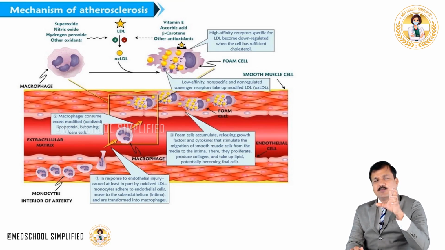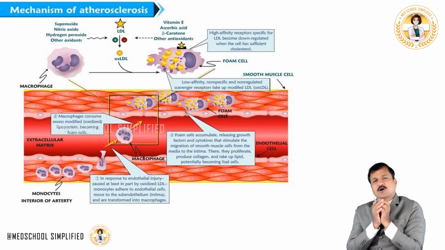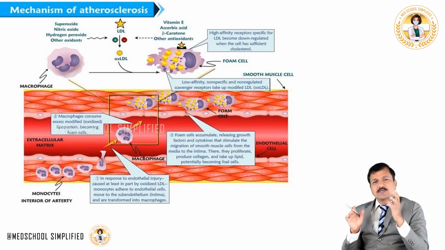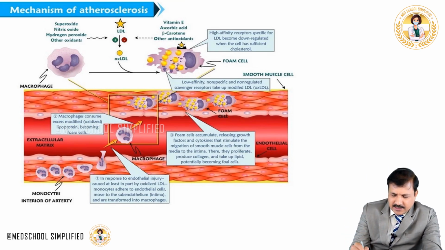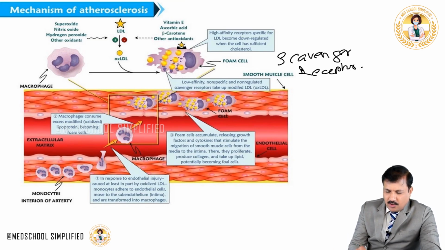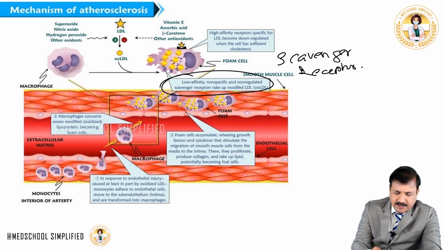So how are these monocytes, macrophages, neutrophils going to engulf oxidized LDLs? See, these monocytes, macrophages, neutrophils, all of them express a special type of LDL receptors called scavenger receptors. The scavenger receptor is a low affinity, non-specific receptor.